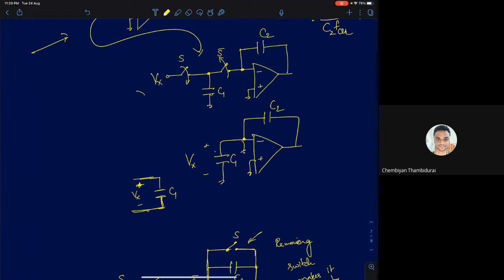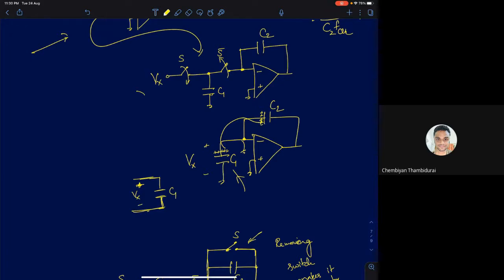Then what will happen? You had positive charge on this plate. This positive charge has to escape to this plate. What should be the voltage across the capacitor C1 eventually? The negative feedback is going to force it to 0.